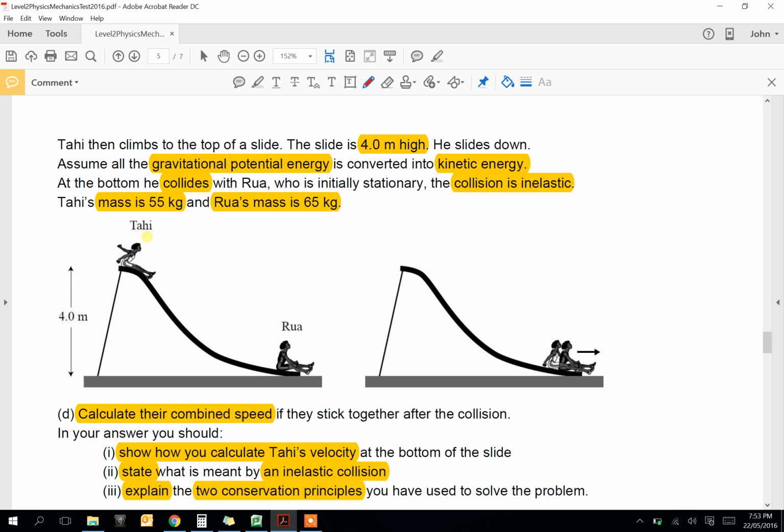So I'm going to take Tahi at the top, gravitational potential energy, and I'm going to assume that's all changed to kinetic energy at the bottom. And I'm going to use that to work out what the speed is at the bottom. Oh, that should be not Rua's, that should be Tahi's EK at the bottom, shouldn't it?